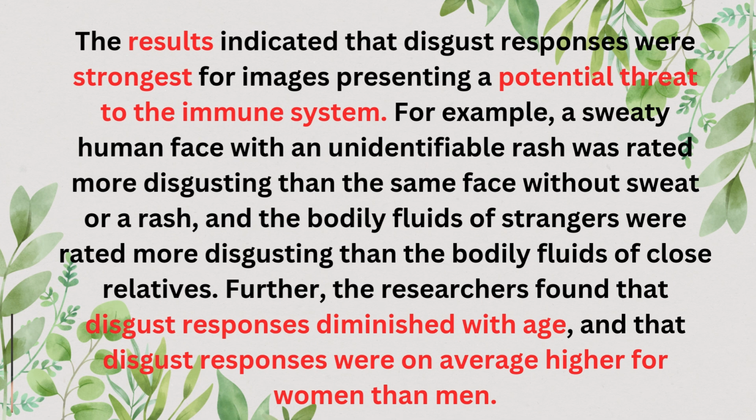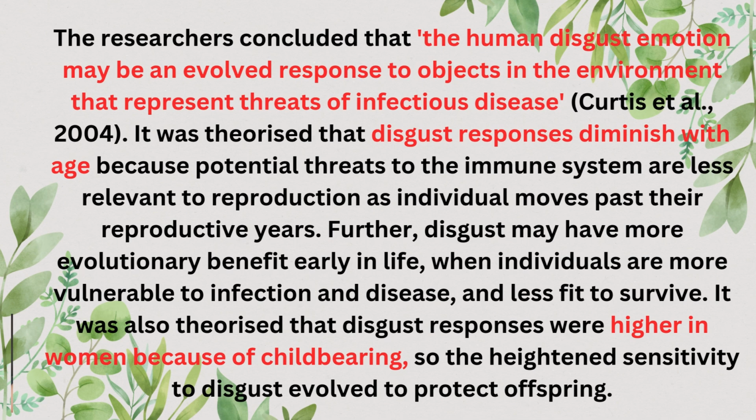Further, researchers found that disgust responses diminished with age, and that disgust responses were on average higher for women than men. The researchers concluded that the human disgust emotion may be an evolved response to objects in the environment that represent threats of infectious disease.